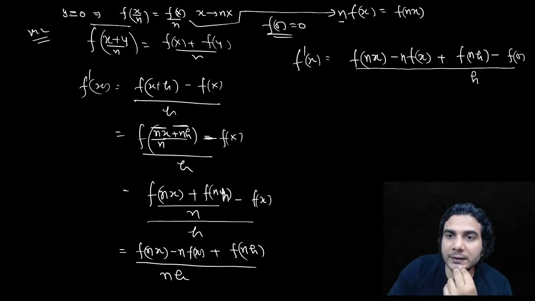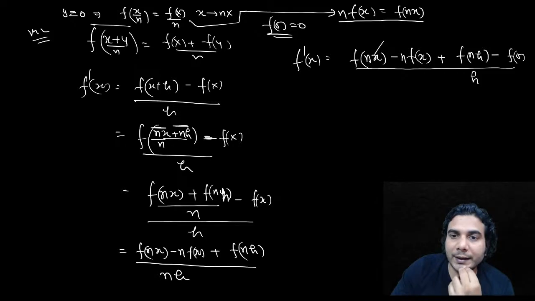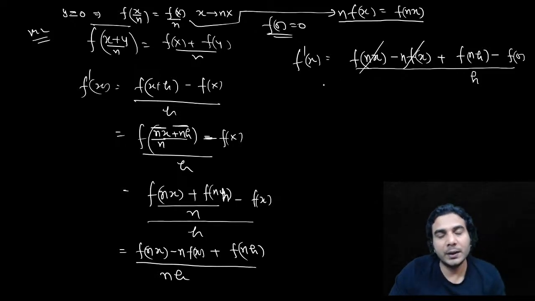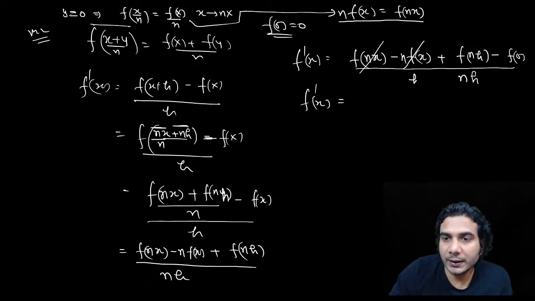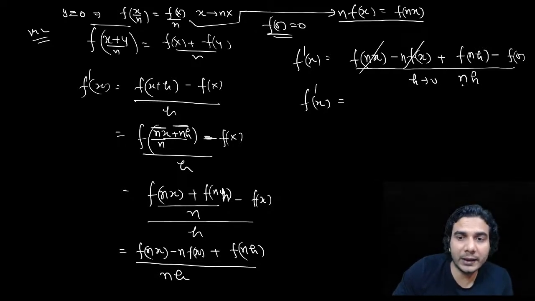So cross multiply, you can see these two terms are equal, so you can cancel these two terms here, right? And after cancelling them, you can write f dash x is equal to, because this is nh, h is approaching 0, f of 0 plus delta minus f of 0 upon delta. Okay, n is a finite number, so you can write this f dash of 0.